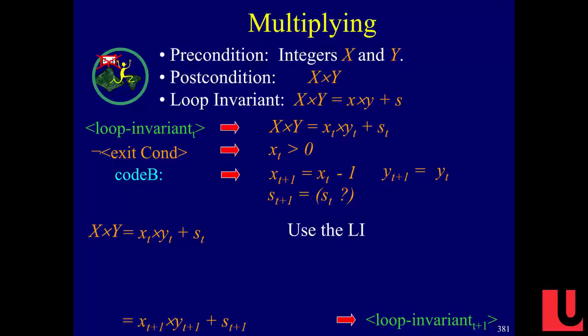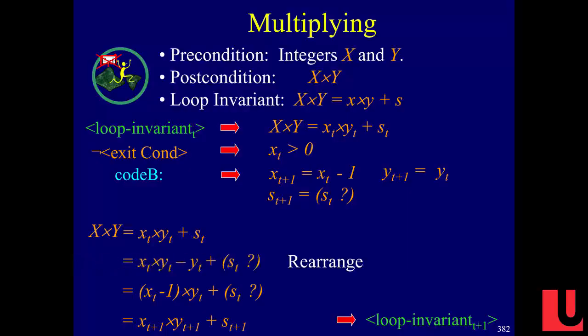We know the loop invariant, which brings us to here. We plug in the new values. Here's the relationship between the old values and the new values. And then we see this funny math here. We don't like that, so we multiply through.